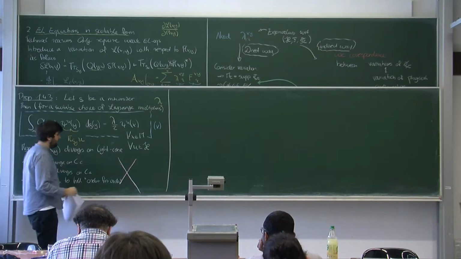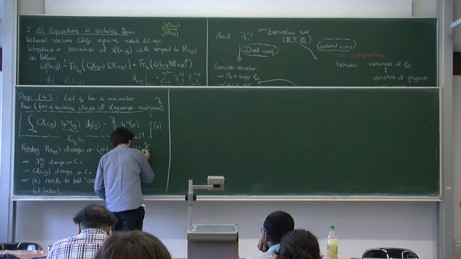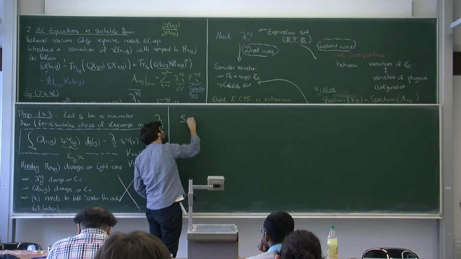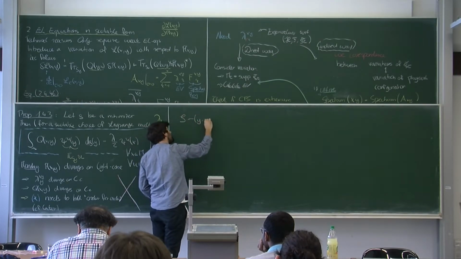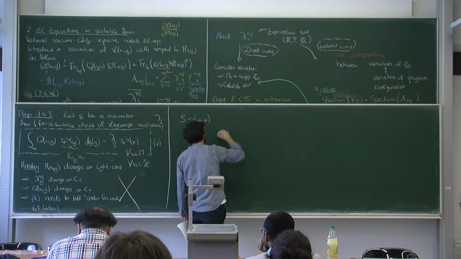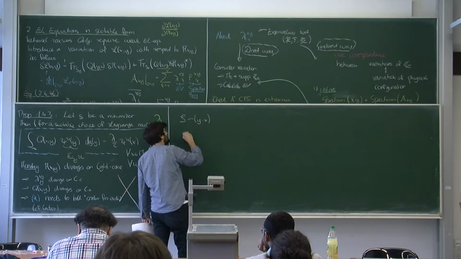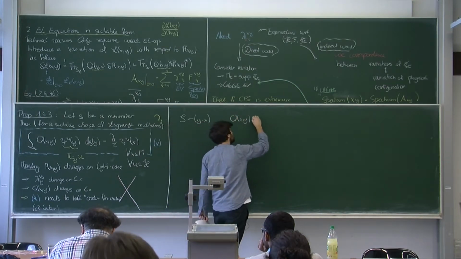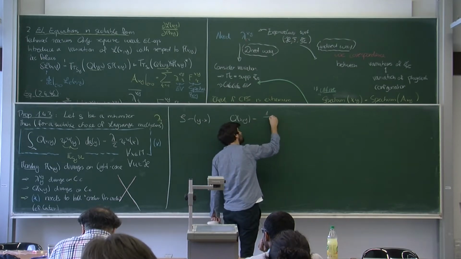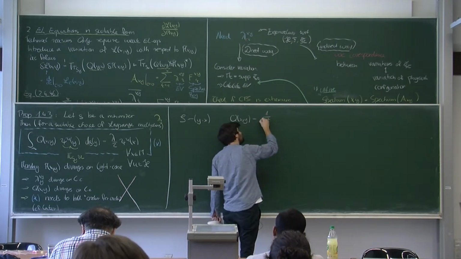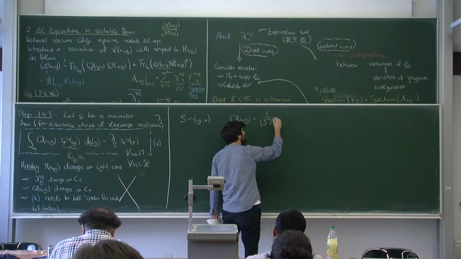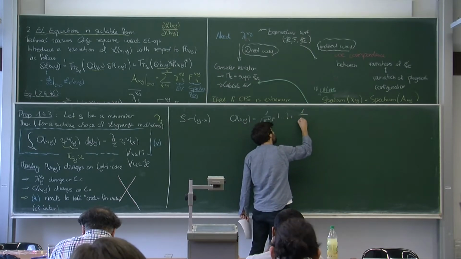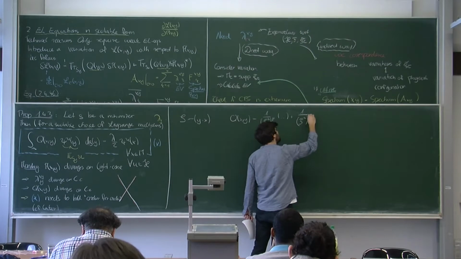Let me write it like this. Let xi be defined as y minus x. What happens is that Q of x y is a sum where I have one term which goes like 1 over xi squared to a power of, let me call it p, and then there's a term 1 over xi squared to the power p minus 1.